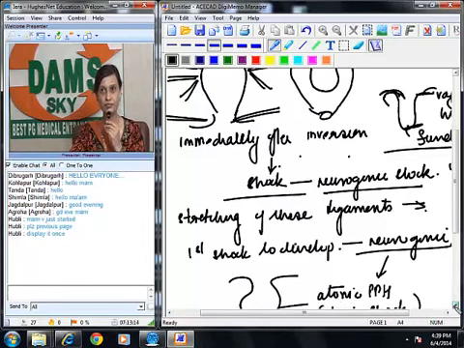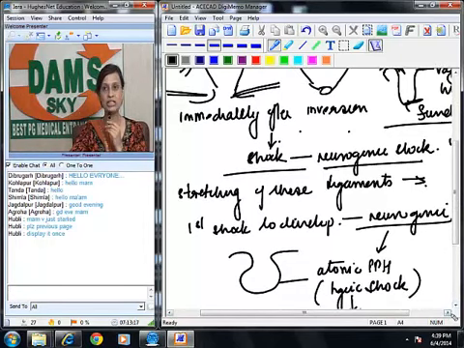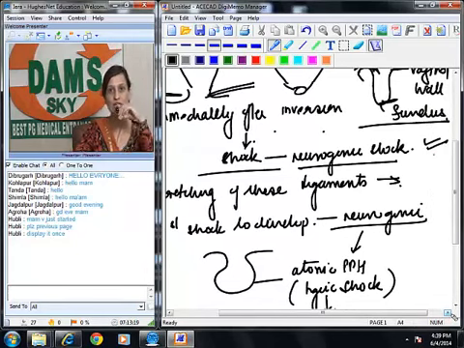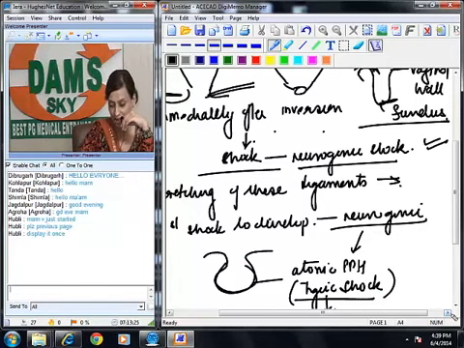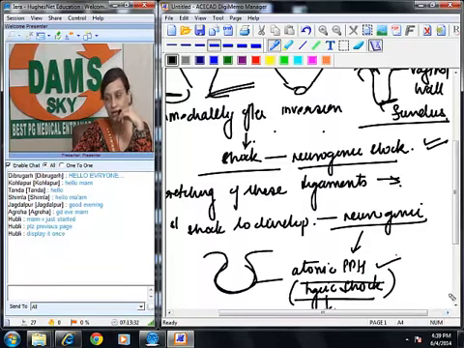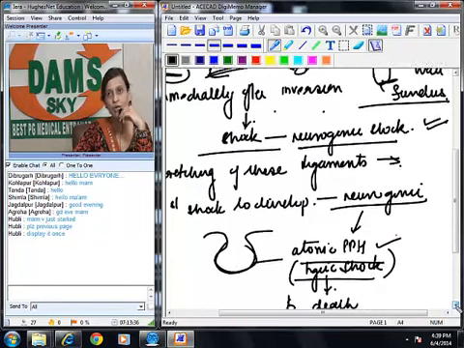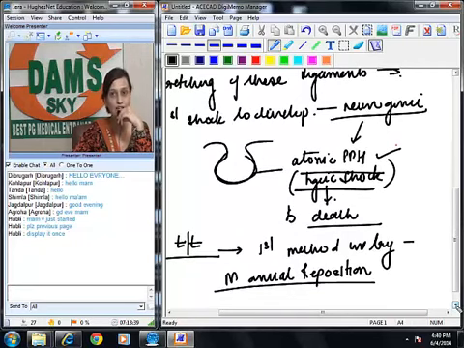But then neurogenic shock converts into hemorrhagic shock. Why? Because the uterus which has fallen outside becomes atonic, and eventually there is postpartum hemorrhage. So the first shock to develop in inversion is neurogenic, but it converts later into hemorrhagic shock. And this hemorrhagic shock, just like in postpartum hemorrhage, may be severe enough to cause death of the patient.